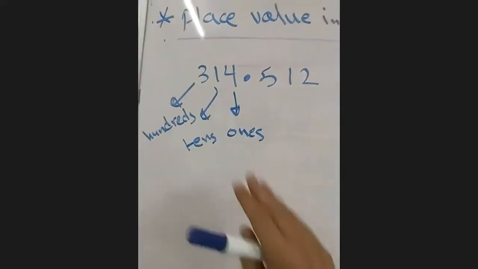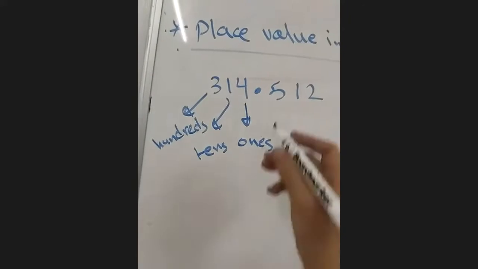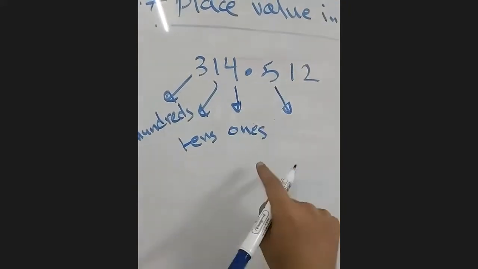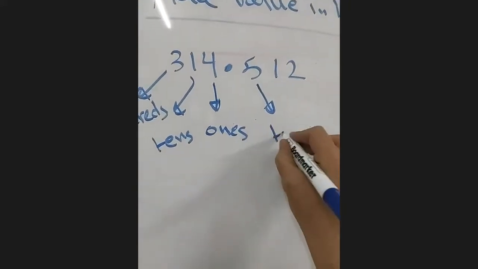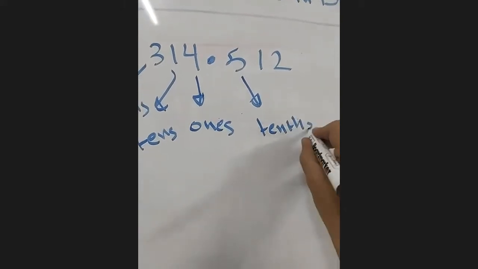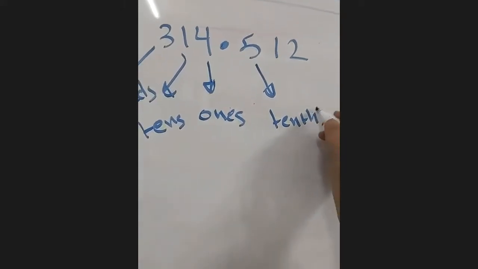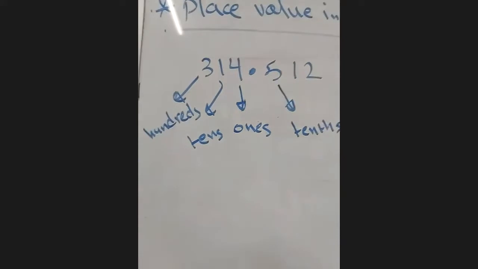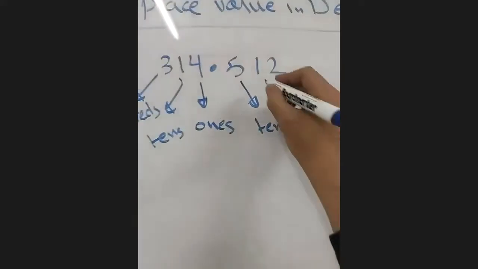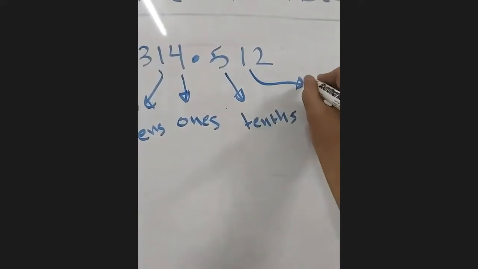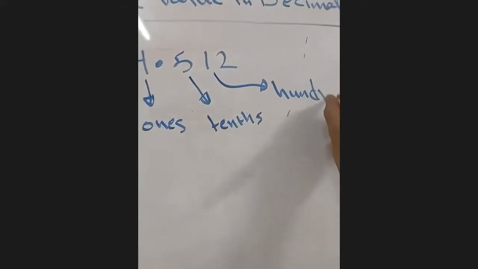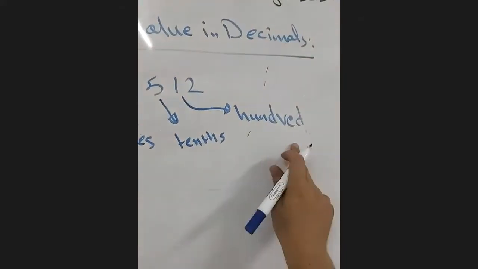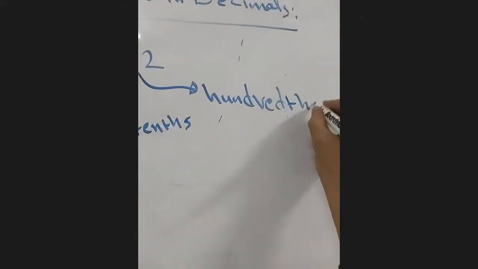Now, in the decimal part, guys, we don't start with ones, we start with tenths. Tenths with TH-S. Remember, guys, we did that before. And the 1 here, we call it hundredths. Hundredths, with TH-S.